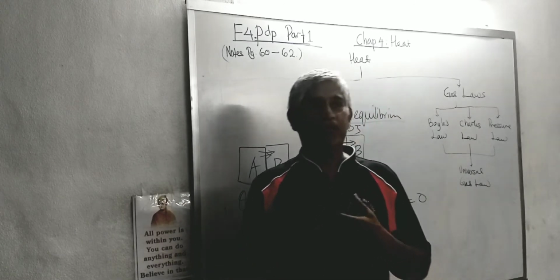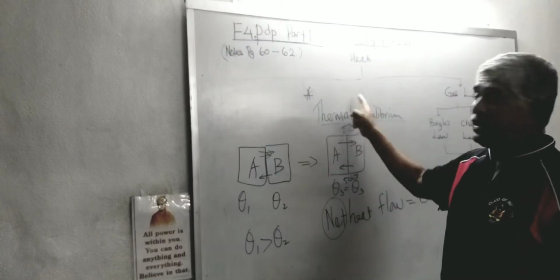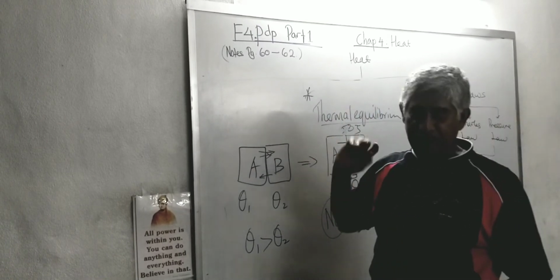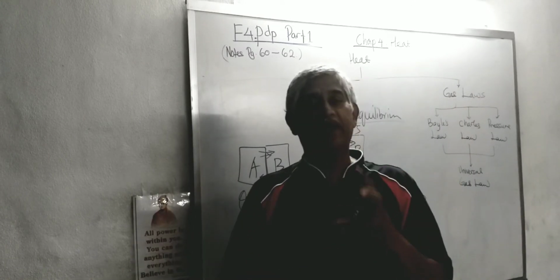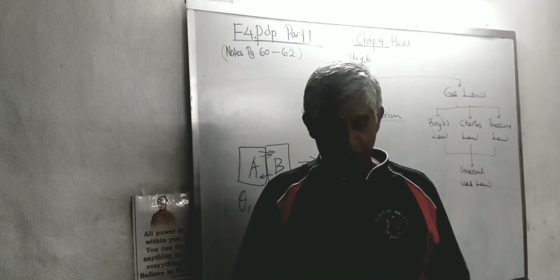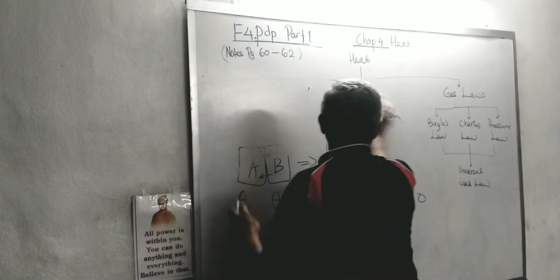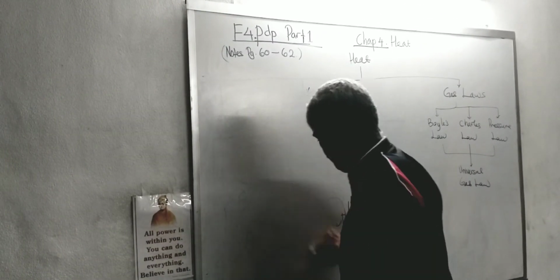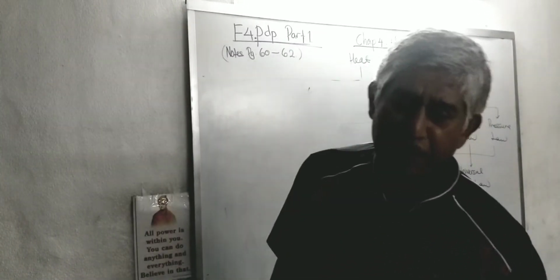Okay? So the next section we are going to see is the application of thermal equilibrium. That's the first section in your notes, whereby the concept of thermal equilibrium is used to make a thermometer. So for that, what they do, okay, how do we refer to temperature then?